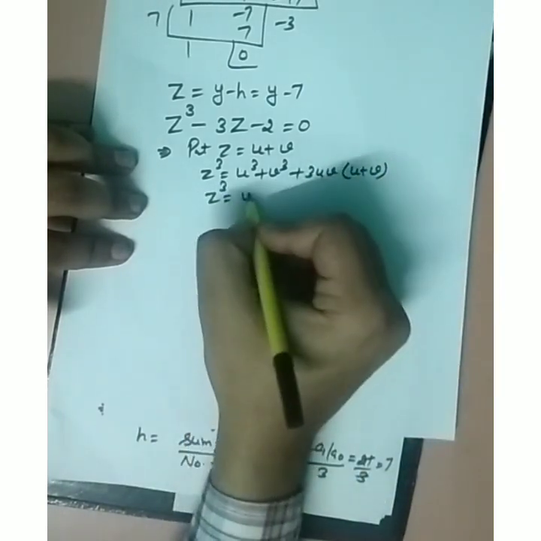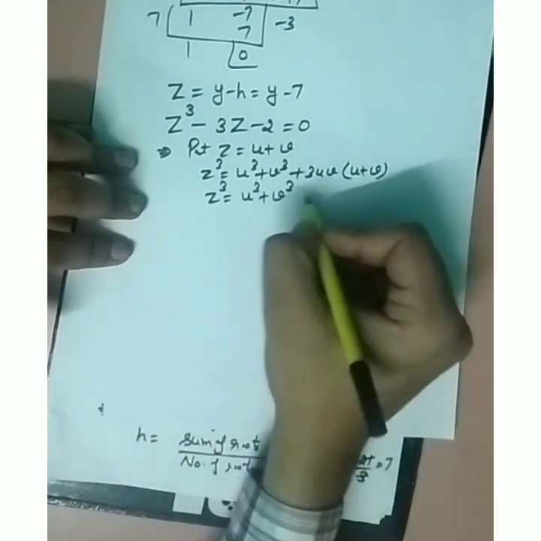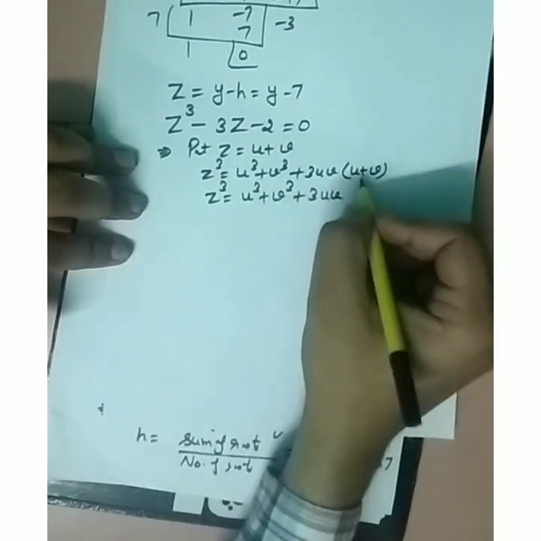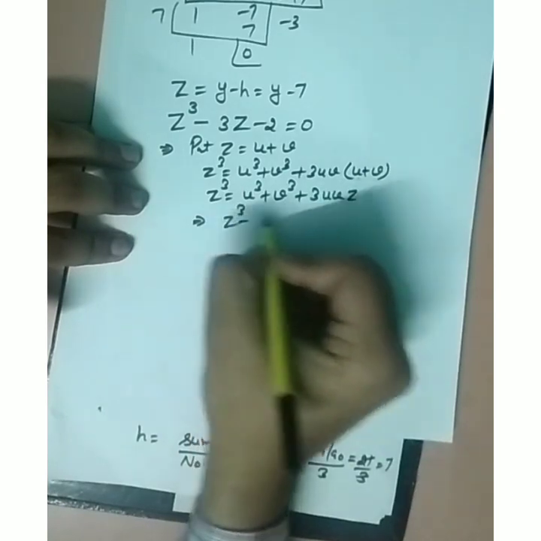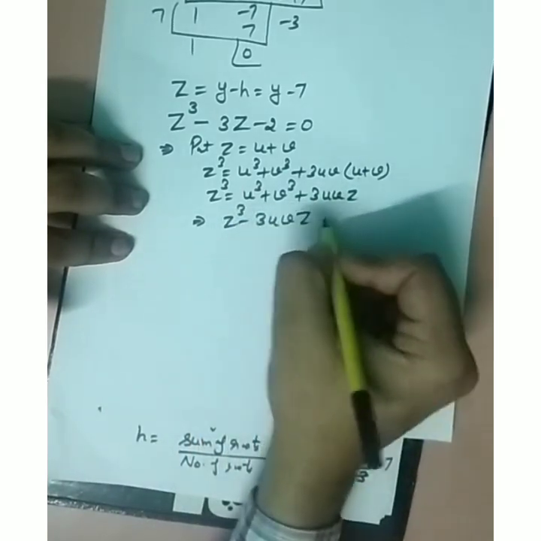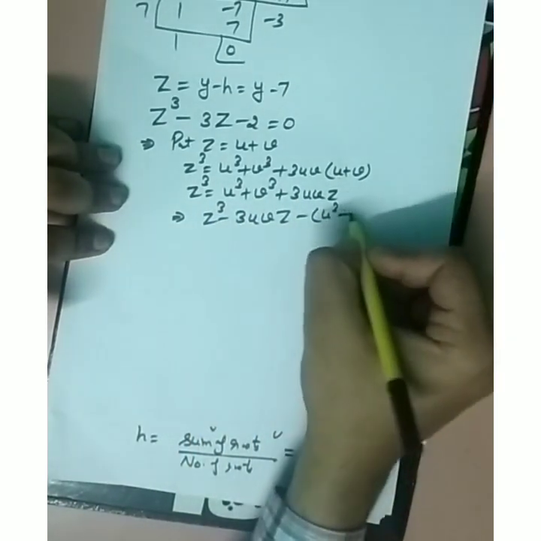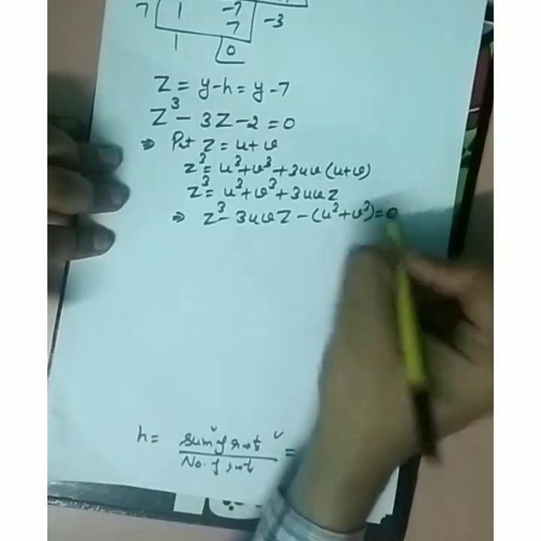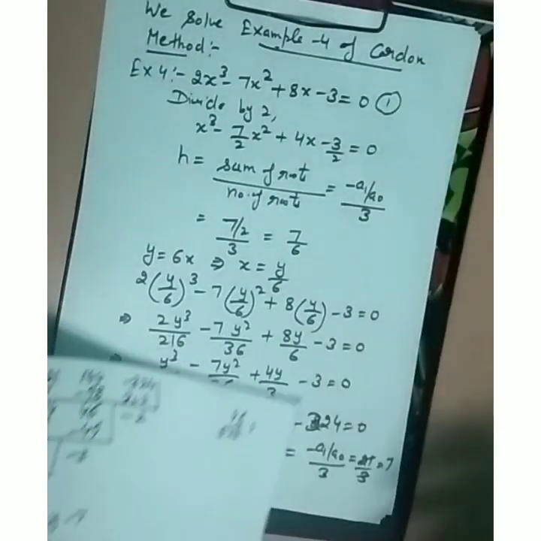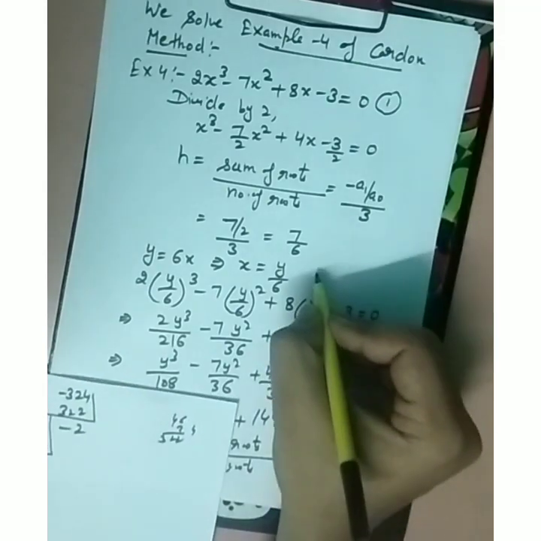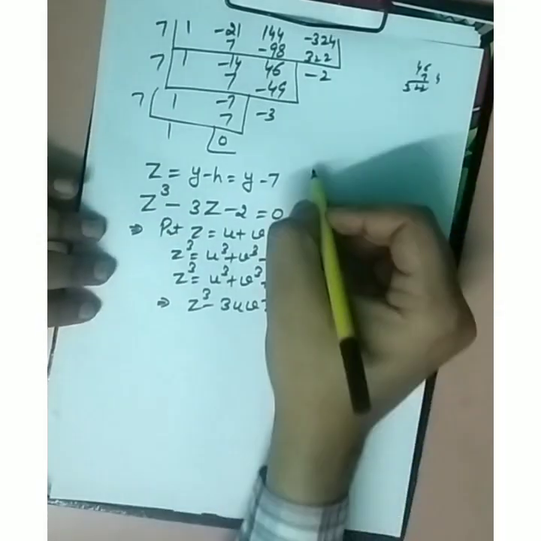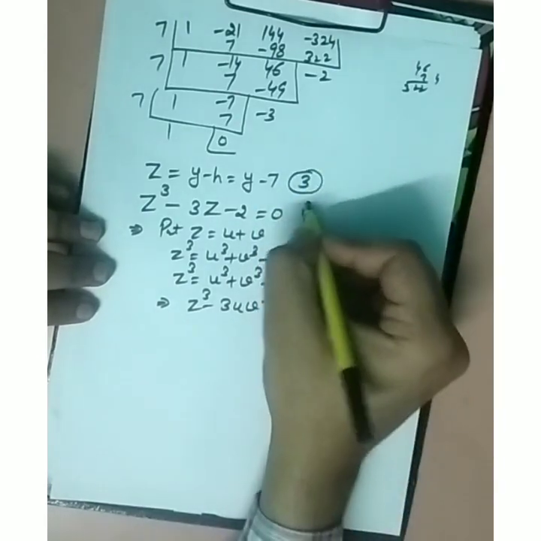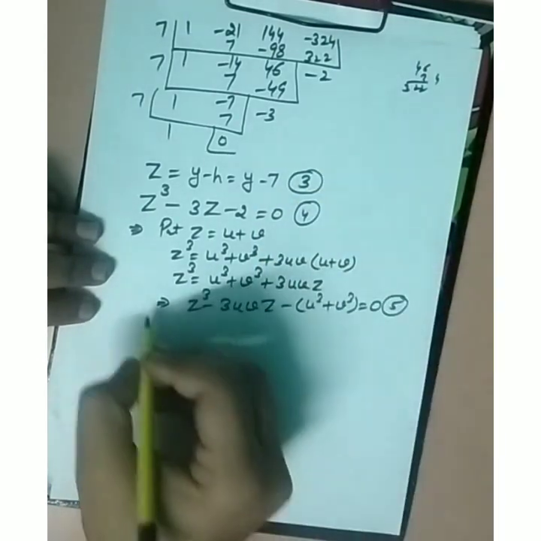What is the value of u plus v? That is equal to z. So this implies z cube minus 3uvz minus u cube plus v cube is equal to 0. Equation number 1, and that is equal to 2, after this that is equal to 3, 4 and 5.